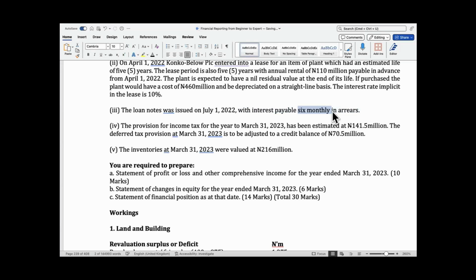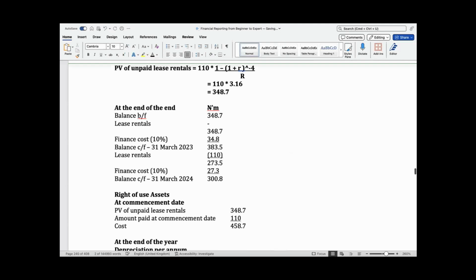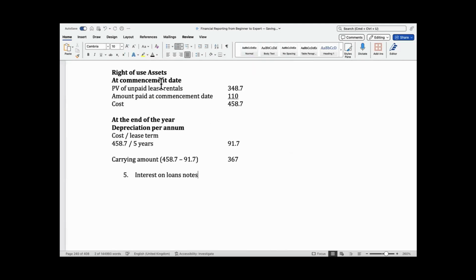Extremely straightforward. So in this case now, as far as this loan note is concerned, that should be note 5. The only thing I need to adjust is the interest on loan notes, because the loan note itself, the value will not change. The value is not changing because, like I've taught you, we don't have any effective interest rates.